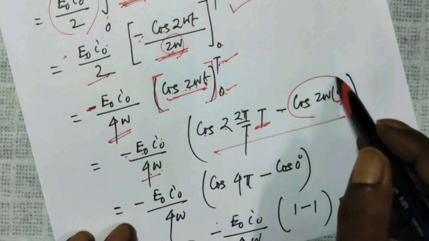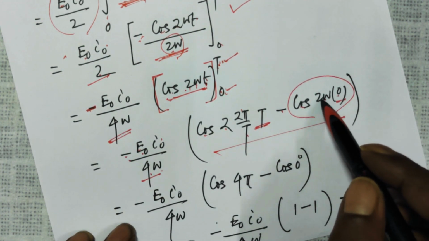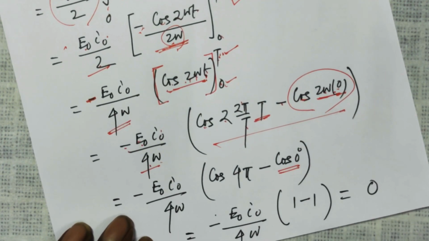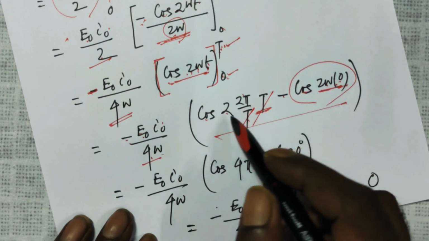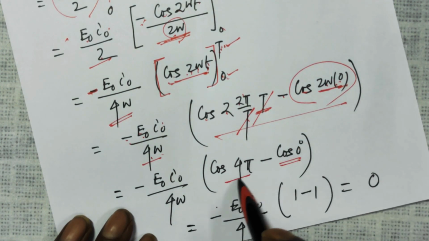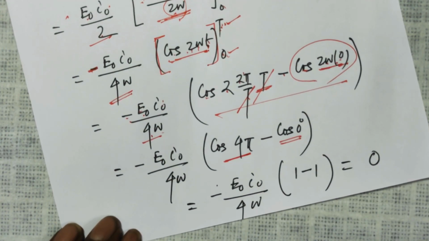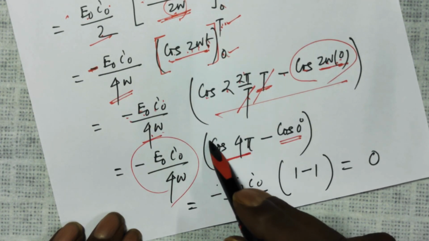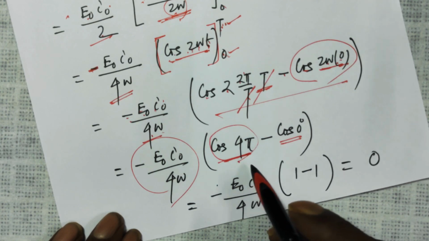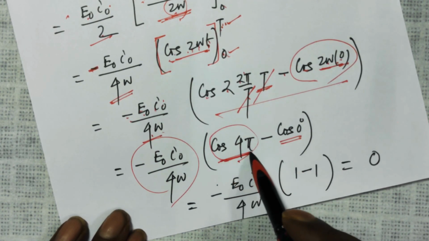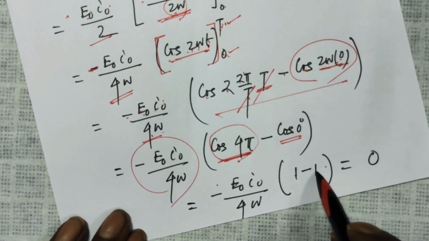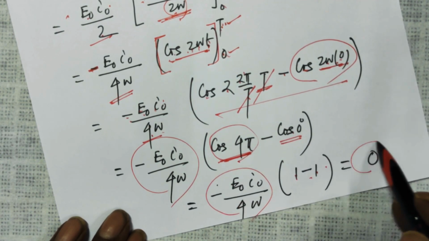So this part is cos 0, and here T cancels, 2 into 2, 4 pi, cos 4 pi. If you find this value in a calculator, if you are not good at mathematics, it also comes out to be 1. So cos 0 is 1, 1 minus 1 is 0, 0 into this thing is 0.